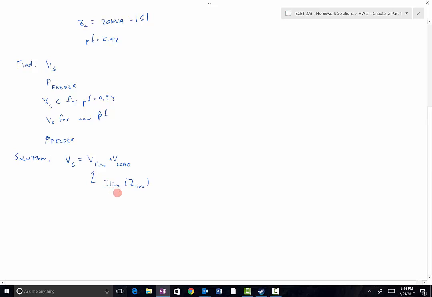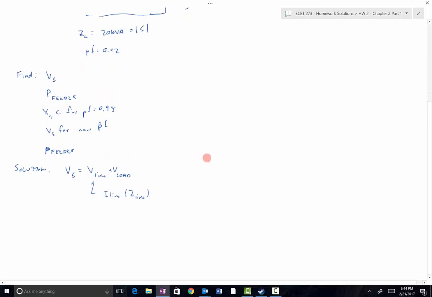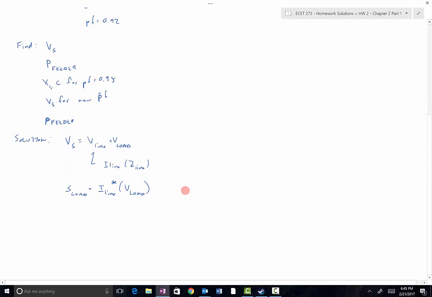So we can determine I line because we know some properties of the load right here. We know that S of the load is equal to I line complex conjugate, or I line star, times V load. I'm using I line there because the load current and the line current are the same thing.